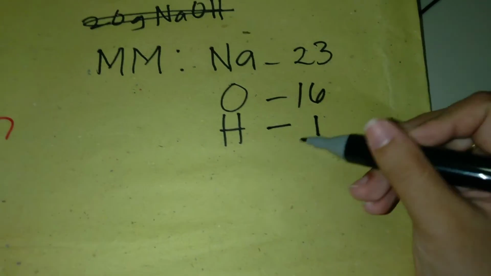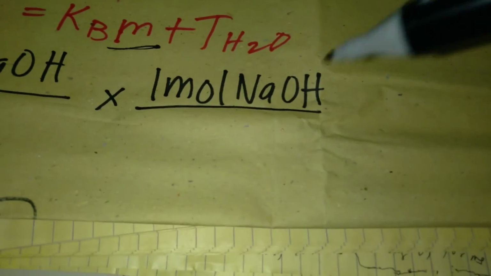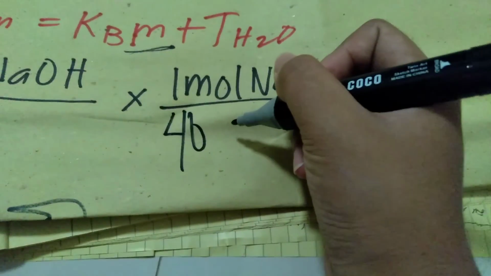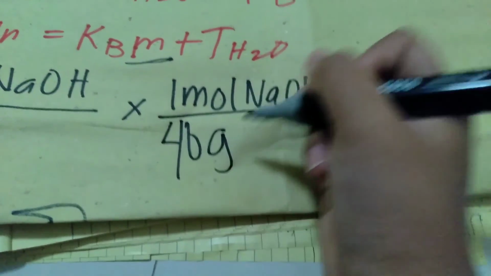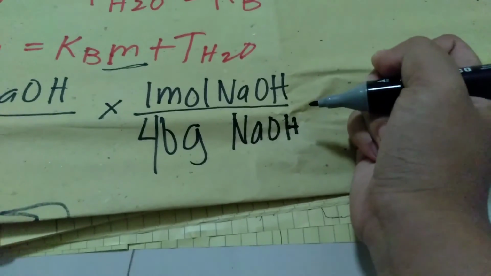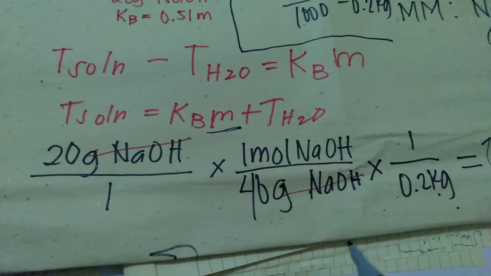Let's just add this all and it is equal to 40. So in every 1 mole of sodium hydroxide, it has a mass of 40 grams. And we're going to cancel the unit of grams.